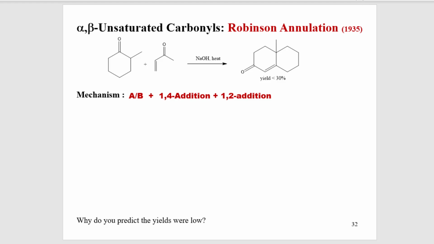So what Robinson found was that when he mixed two molecules, like the two shown, what you get with base and heat for a long period of time is, first, you end up forming an enolate. And because it's heat and NaOH, you're in equilibrium conditions because you're not using a really strong base. You're using a small base, so you're going to favor the thermodynamic conditions. So the base is going to form an enolate.